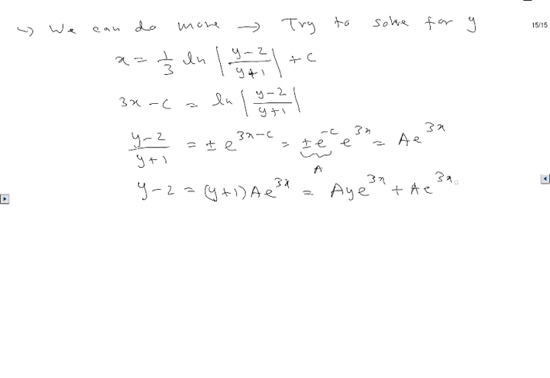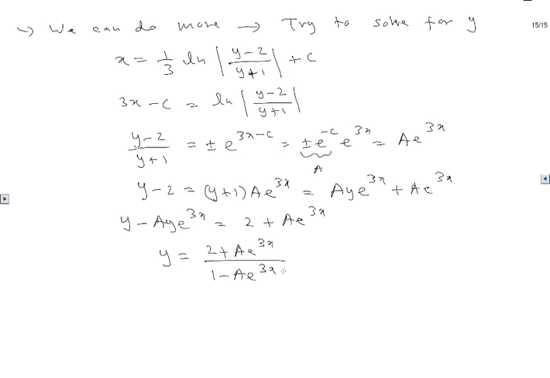So you get y minus A y e to the 3x, and if you move the 2 to the other side, you get 2 plus A e to the 3x. Now if you take y as a factor and divide by that factor, you get y equals (2 plus A e to the 3x) divided by (1 minus A e to the 3x).